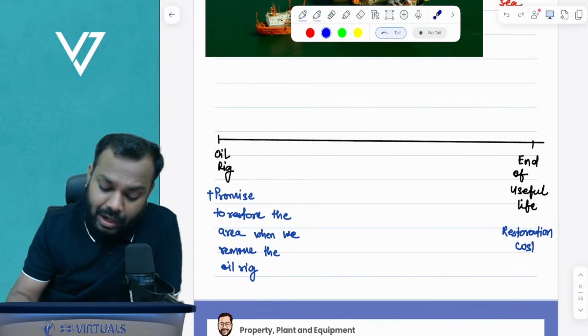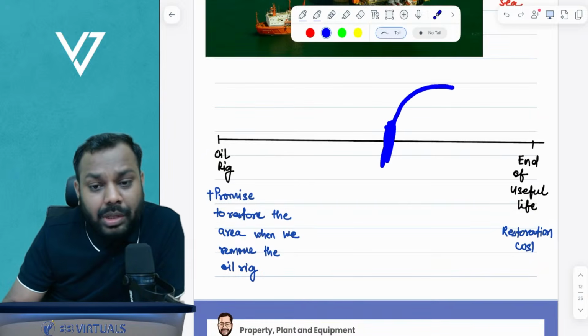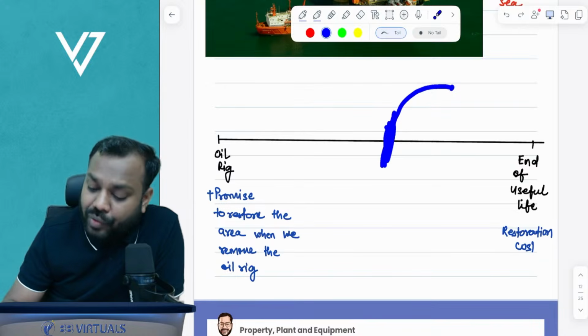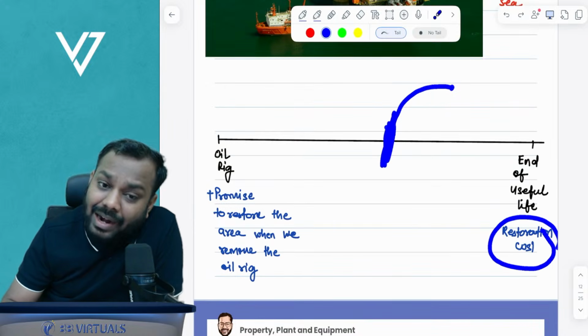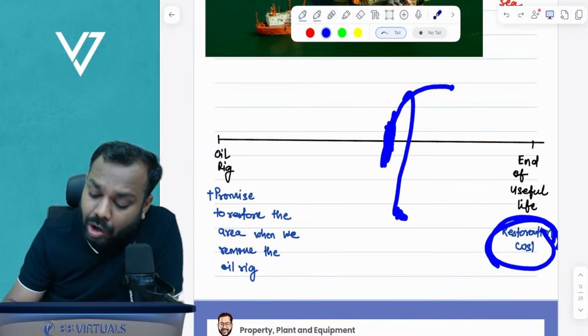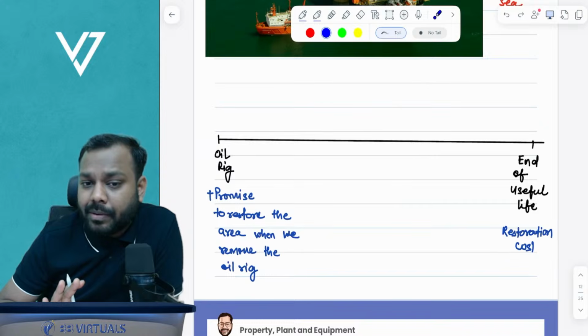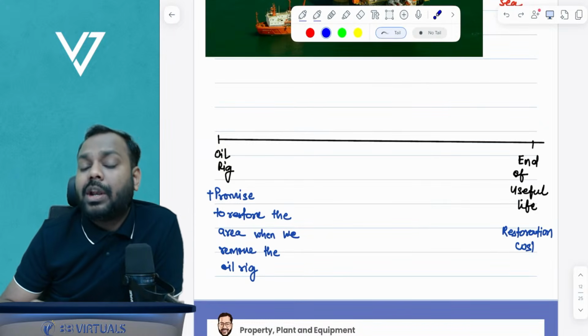Suppose Reliance wants to shut down the business and goes to the government for approval of the closing down. They will say first restore this place and then you can shut down the company, meaning this cost cannot be avoided. Are you understanding my point? It is an unavoidable cost.